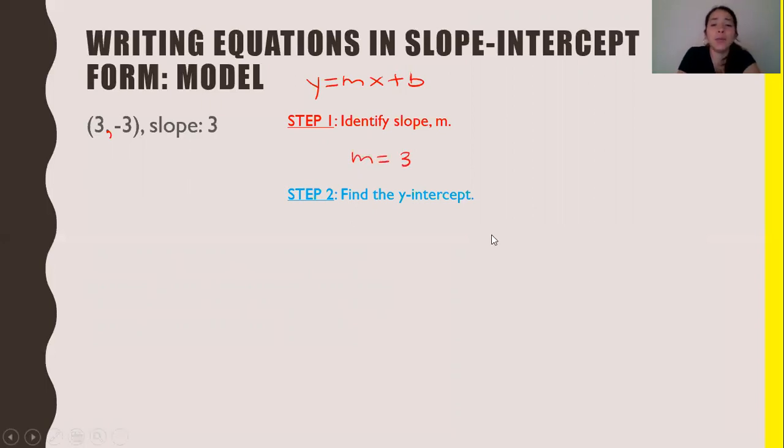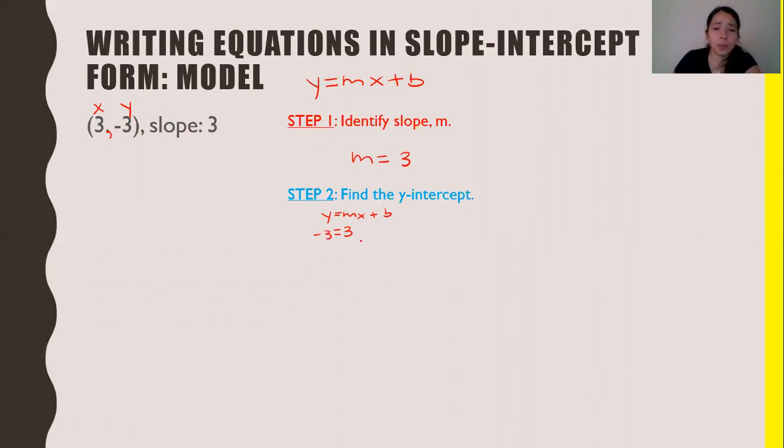Our next step is to find the y-intercept. So when finding the y-intercept, what we do is we're going to write y equals mx plus b. We know what m is equal to. We know that it's equal to 3. I'm going to plug that in. And then they give us an x and they give us a y. So I'm going to plug that in as well. So where y goes, I'm going to plug in -3.